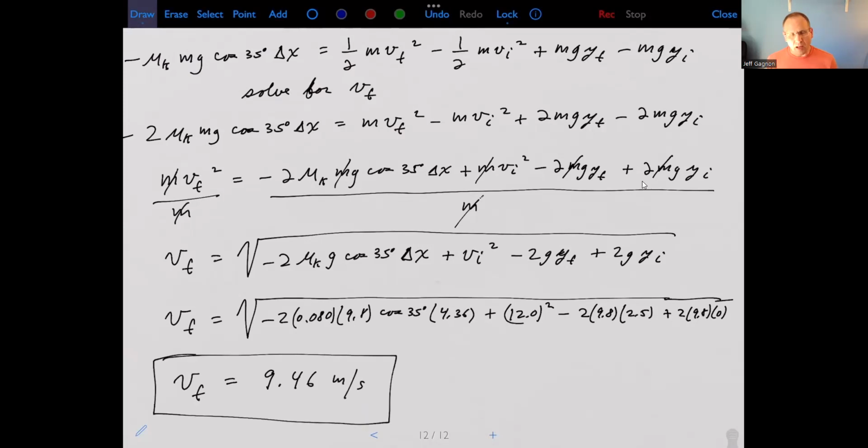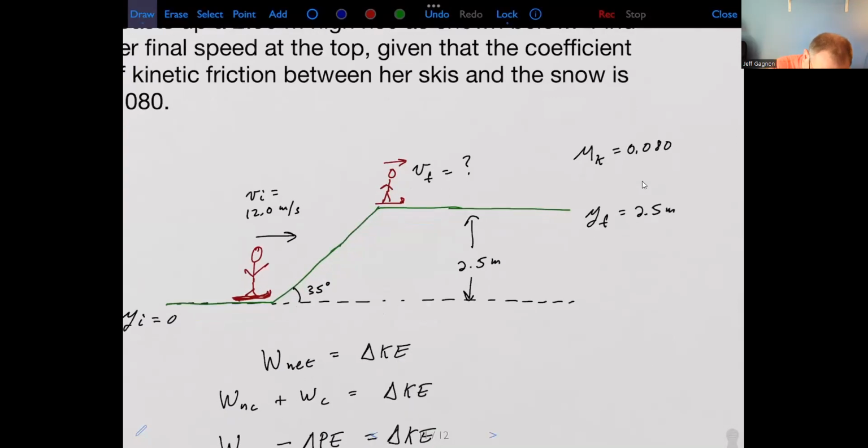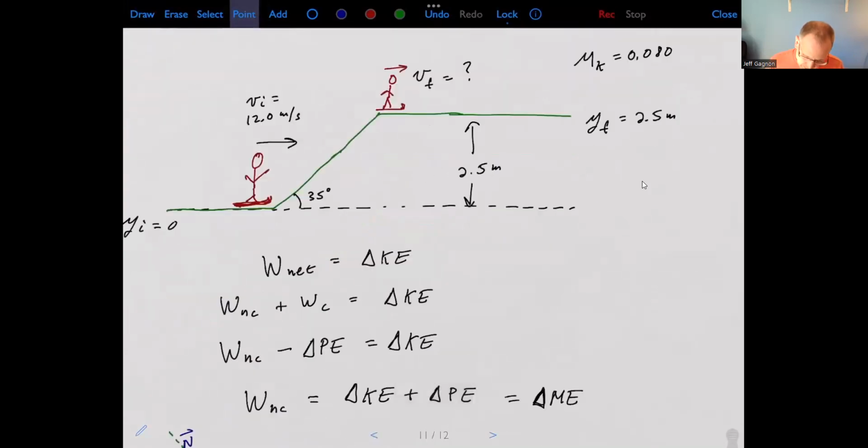Okay, so granted, this was definitely a more challenging problem, and it was because we did have a non-conservative force here, the force due to friction. So we had to include it in our work-energy theorem, so that the work done by that non-conservative force, the frictional force, turned out to be equal to the change in kinetic energy plus the change in potential energy.